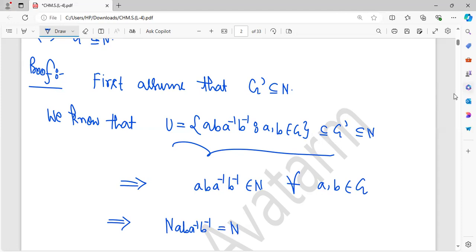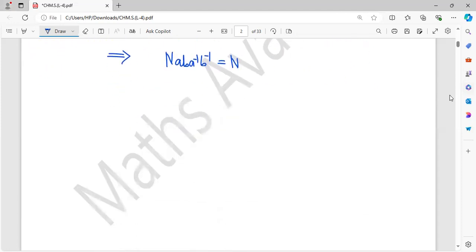Since N is a subgroup, this element's coset will be equal to the identity in the quotient G upon N. So this implies NAB is equal to NBA. But NAB, what does it mean?